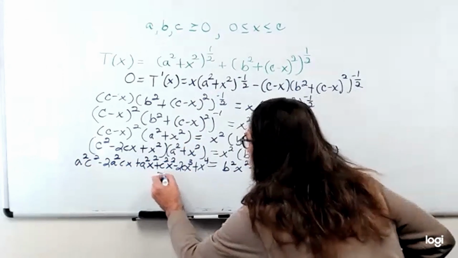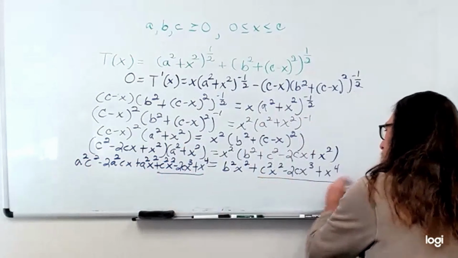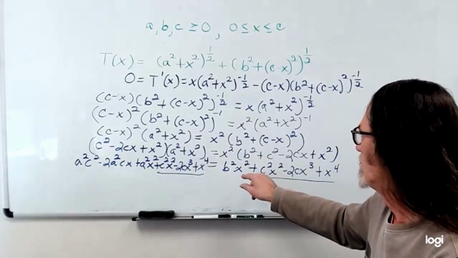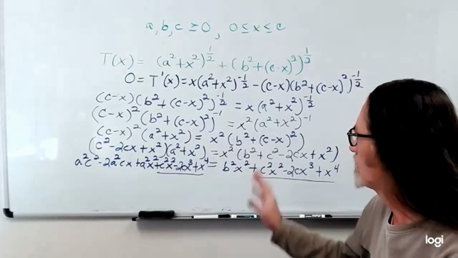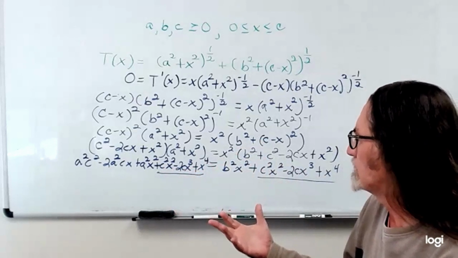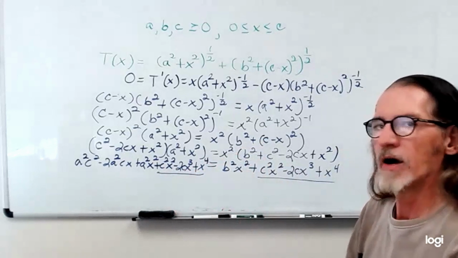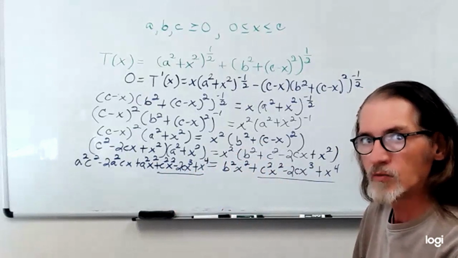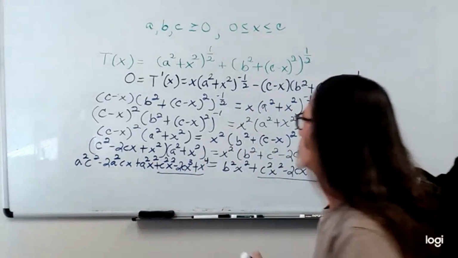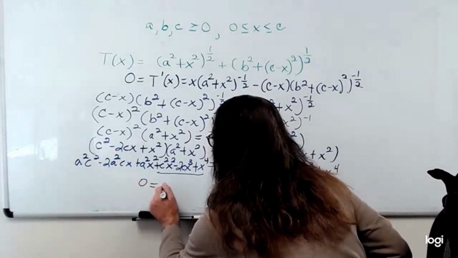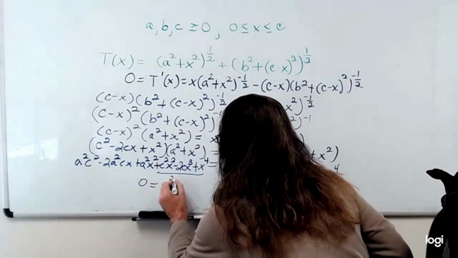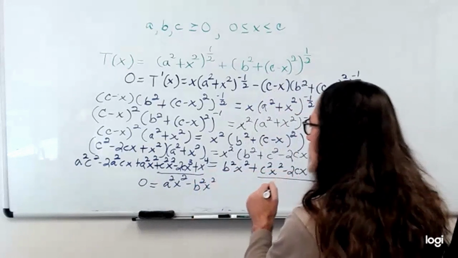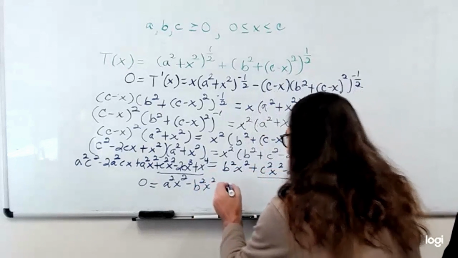notice that these last three terms show up exactly the same on both sides. We can cancel those out and subtract b squared x squared to the other side so that everything will equal 0, and the highest power of x that we'll have is 2, so that we're dealing with a quadratic in terms of x. Writing this in descending powers of x.